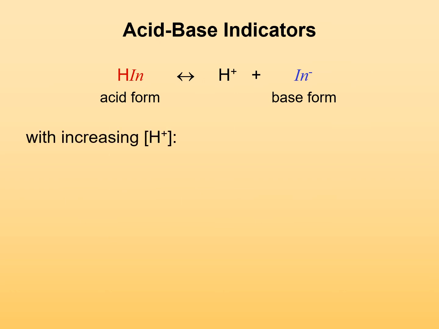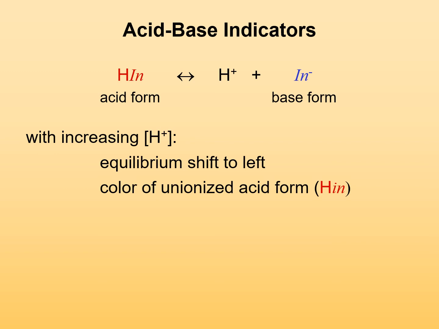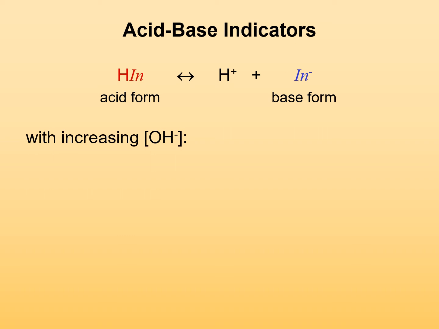As we increase hydrogen, equilibrium would shift towards the left, producing more of the acid form, the unionized form. We would see this as red whenever we're doing a titration. If we were to add base to this, remember hydroxide is going to react with hydrogen, so it reduces the hydrogen we have.